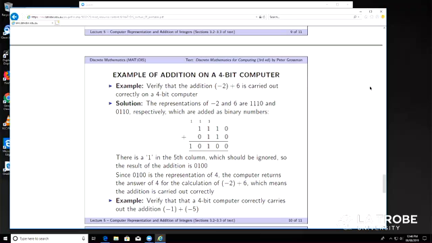I'm going to ignore it because it is in the 5th column. So my answer is 1, 0, 1, 0, which is for -6. Yeah. So we got the correct answer for that.